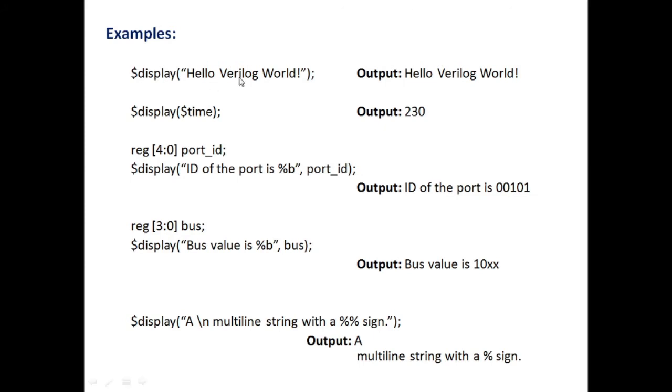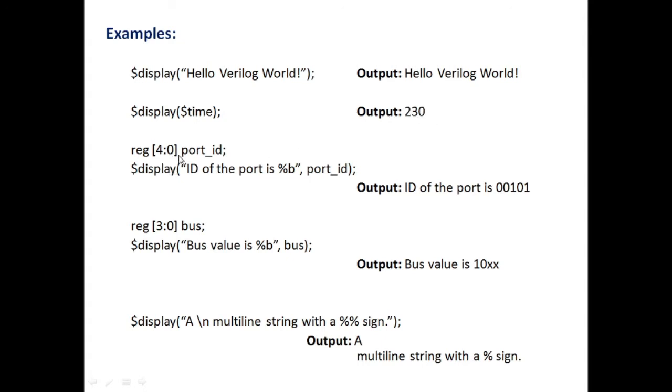So $display hello verilog world: whatever you are writing inside will just be printed as output. And $display $time: since it has a dollar, it is a system task. Whenever $time is invoked, the current simulation time of the program will be generated as an output, that is 230 seconds or 230 time units.